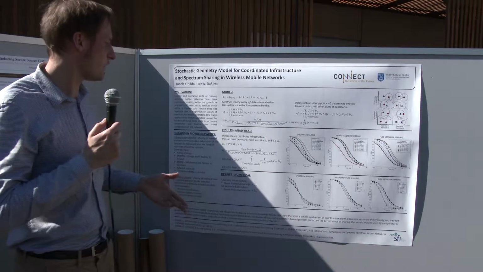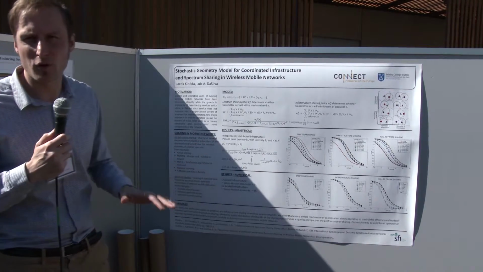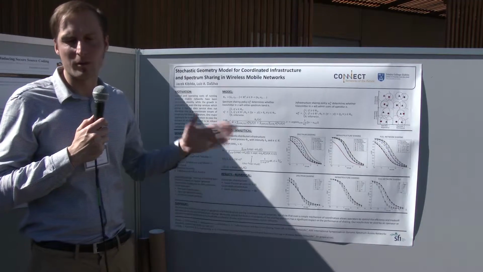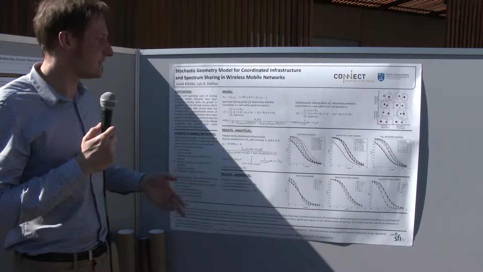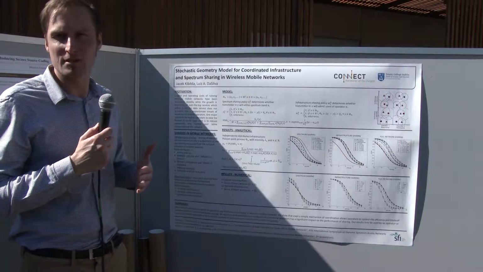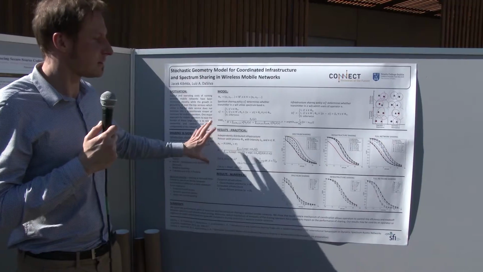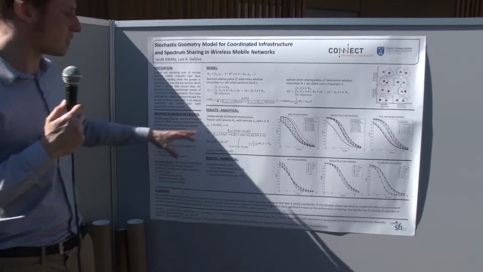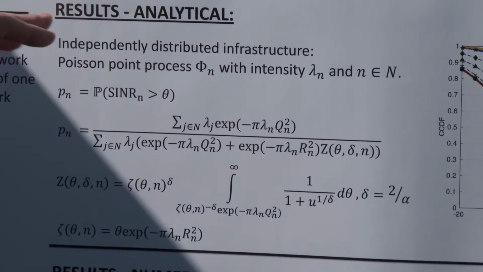So therefore, we want to set up a model for Poisson point process, where each network is distributed accordingly, and then they are superimposed, and then they are independent of each other. So that allows us to obtain closed form expressions for the complementary cumulative distribution function of SINR.